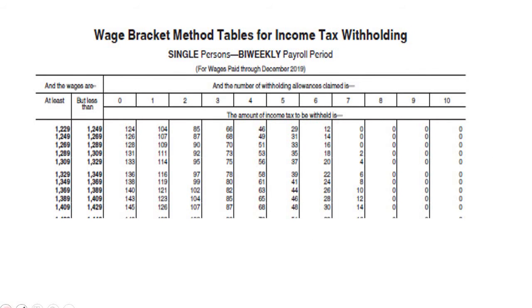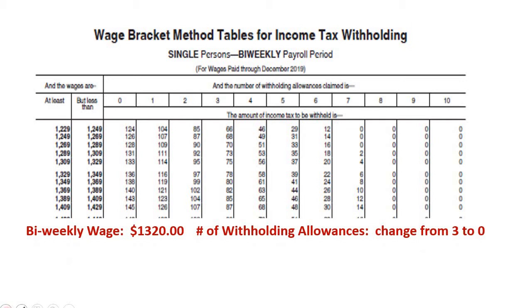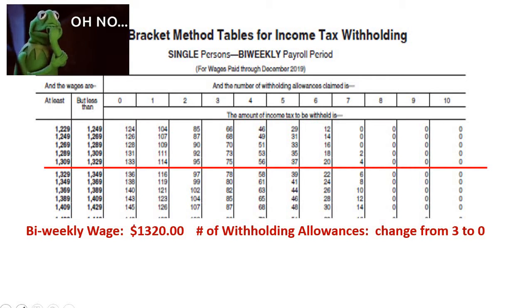Okay, so now let's keep going. The biweekly wage is $13.20. The withholding allowances, we're changing from 3 to 0. Oh no, what do we do now? Well, let's find that row. There it is. $13.20 is between $13.09 and $13.29.